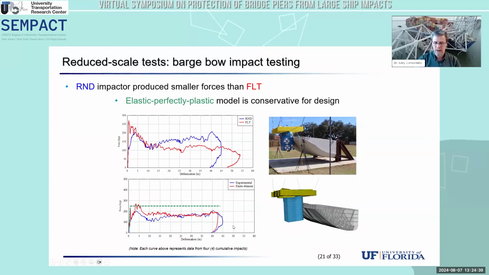We also compared our FEA data to the test data, and that's shown in the bottom left, at least for the rounded case. And so again, very reasonable comparisons here between the test data and the finite element simulation. And I'm overlaying on top of that an elastic, perfectly plastic curve, which is what we recommend.